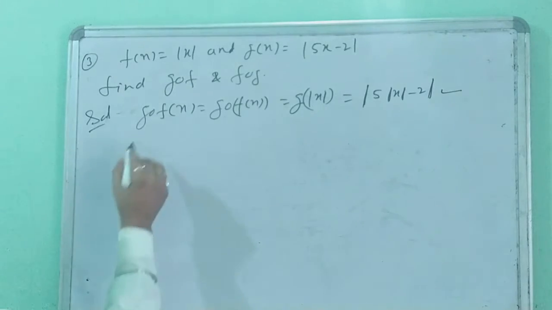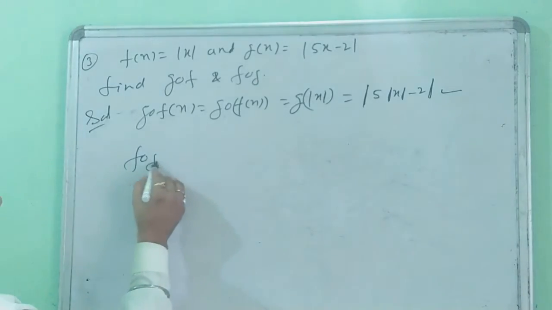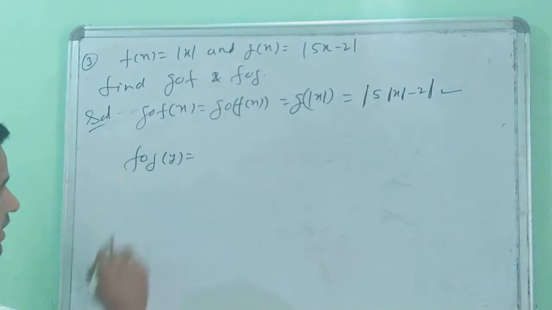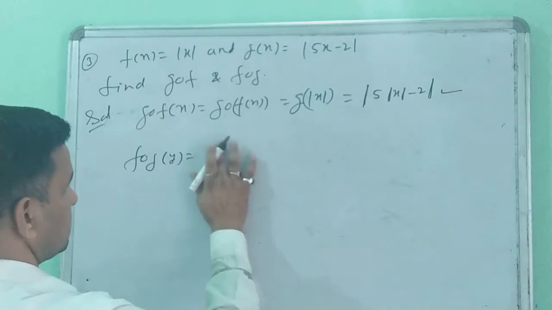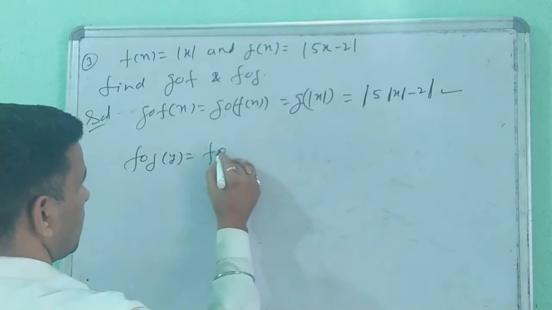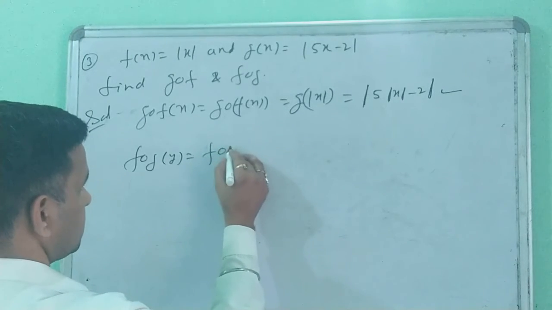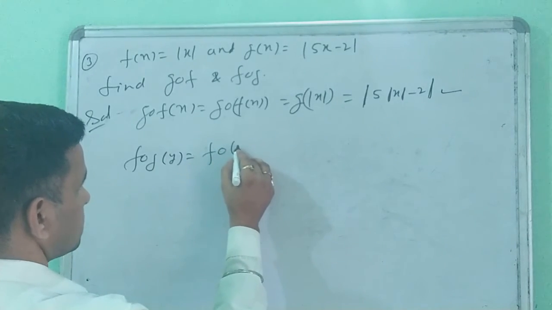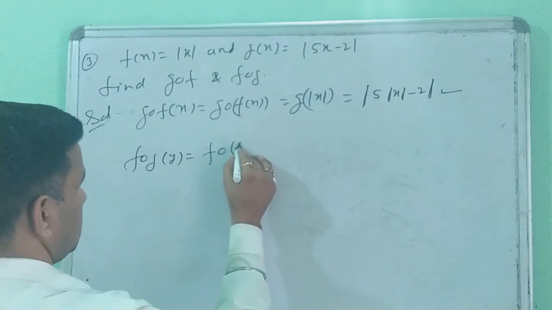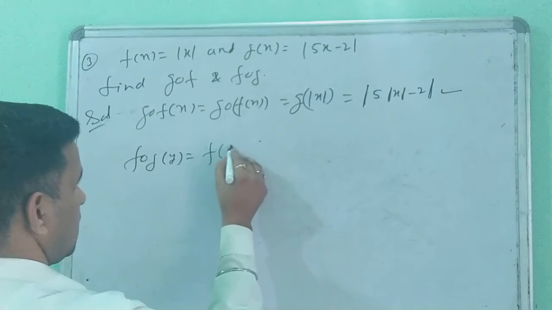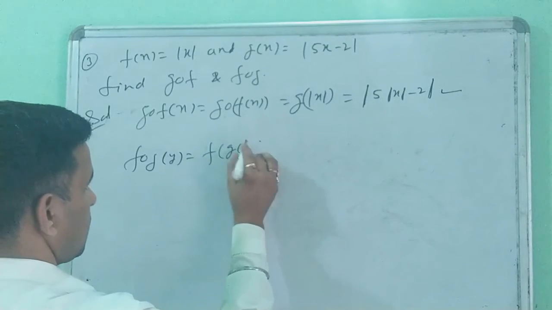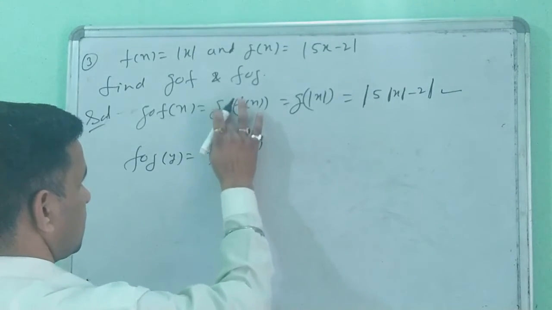Second thing, what is the value of fog? You will first write f of g(y). Then you write the value of g(y).